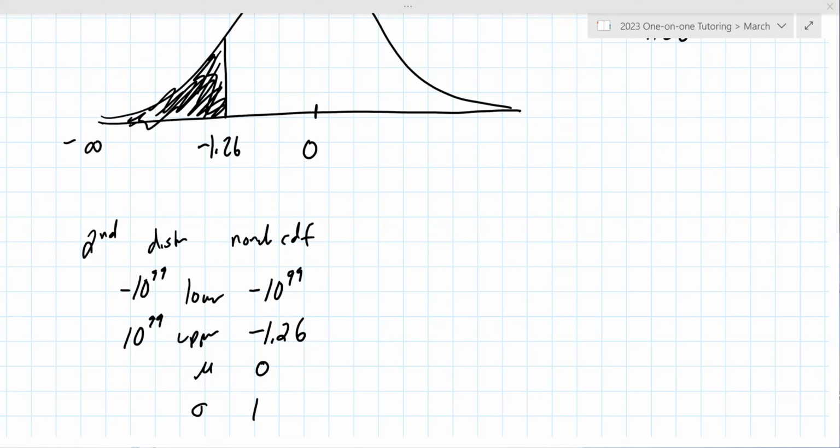See if there's any questions on how to do that. So if we don't know the lower, we use -10 to the 99. That's right. We could talk about why, or we can just say, okay, I'm just going to use it. And it would be +10 to the 99 if we didn't have the upper. That's right. So it's 0.1038.